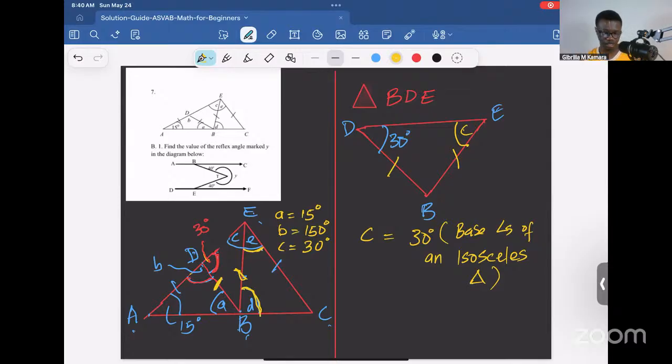Those are the ones that are yet to be solved, okay? So if you want to try them, you can. How do we get D and E? What do you think the answers are? What are the answers for D and E?